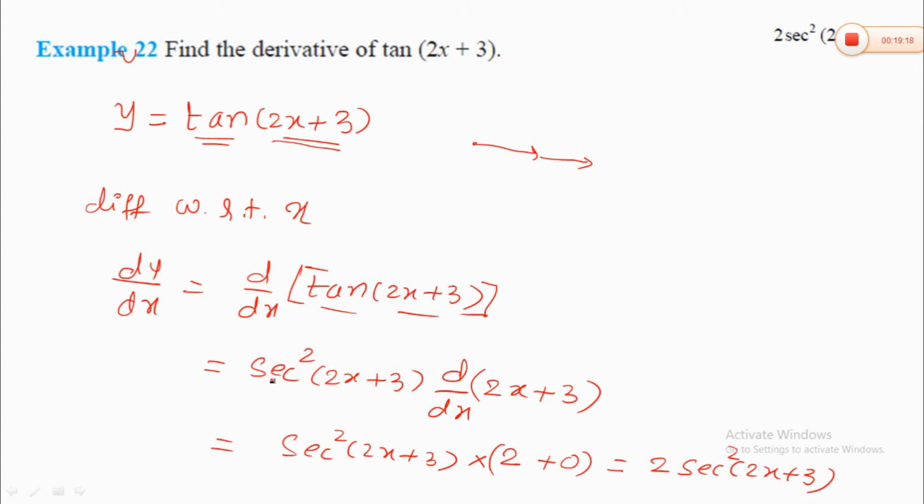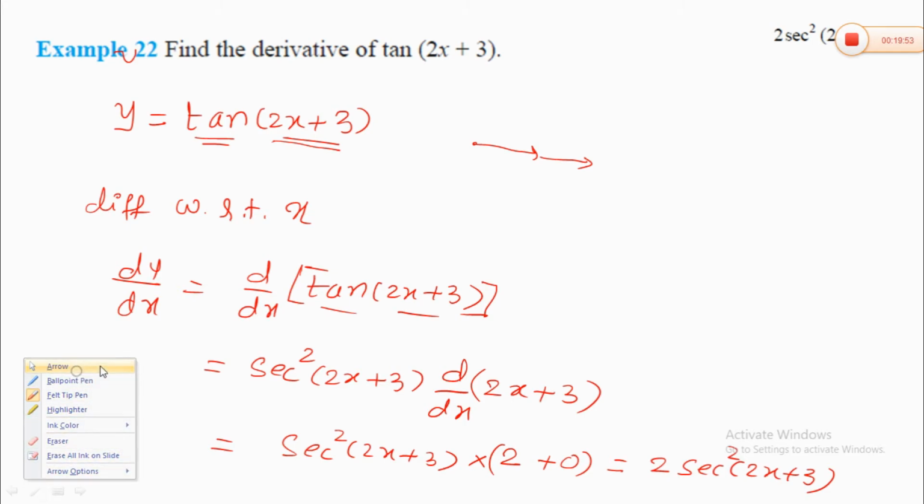Derivative of tan is sec square, keep this 2x plus 3 as it is, then after differentiating tan, go for this bracket. So we come across 2x plus 3, therefore d by dx of 2x plus 3. Again here, derivative of 2x is 2, derivative of constant is 0. Therefore 2 plus 0 is 2. 2 into sec square of 2x plus 3. So this is the answer for this one.